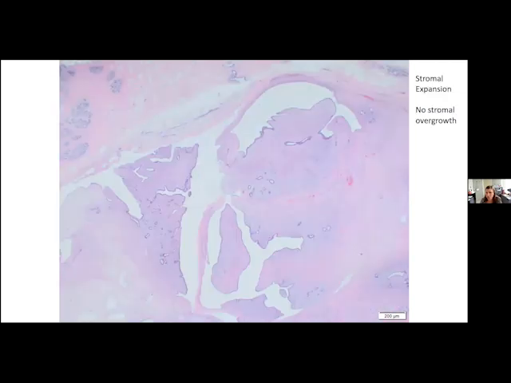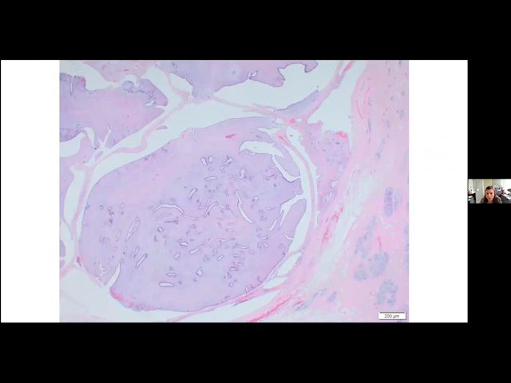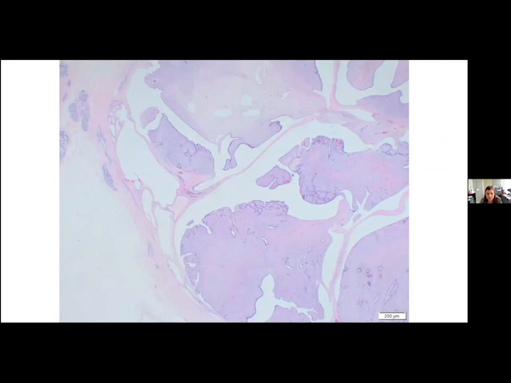Here's another portion of that. In her particular case, there was no stromal overgrowth. However, there were areas of stromal expansion that did not meet the criteria for stromal overgrowth. This is another view. It was a very heterogeneous lesion, as you can see.